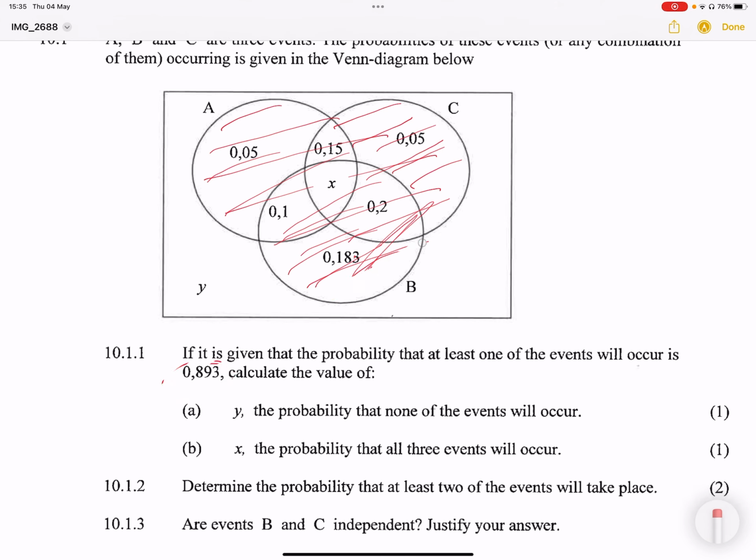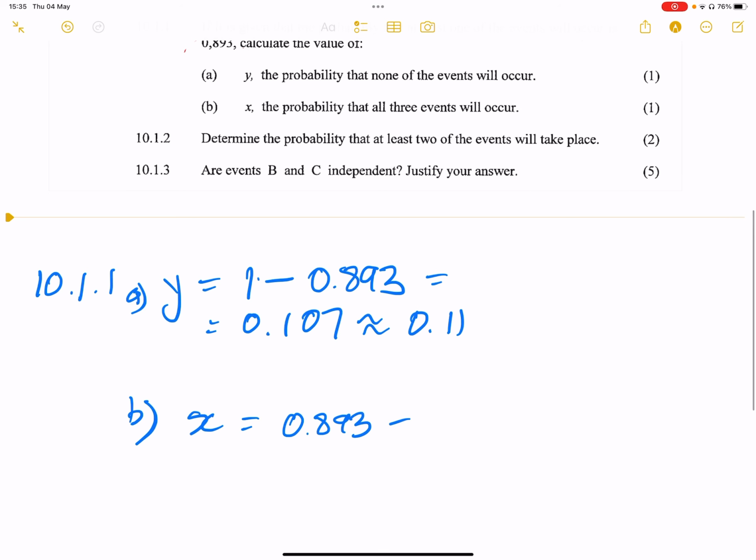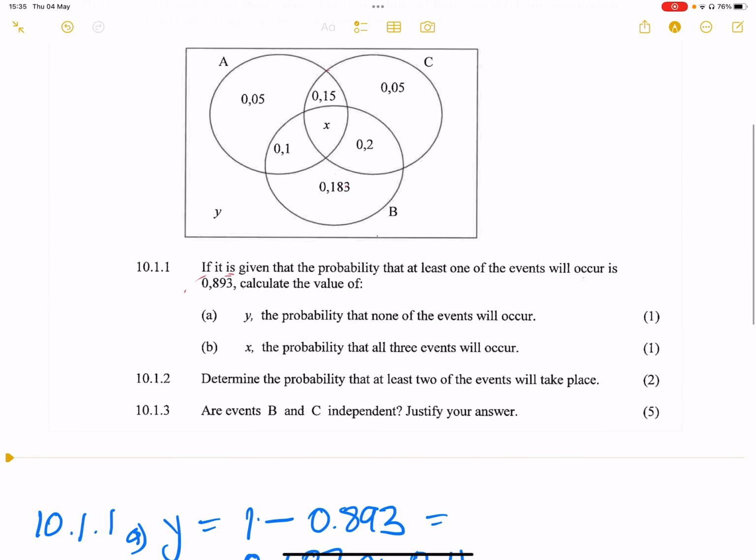I just wanted to illustrate that to you. I hope that makes sense. So now let's say X is going to be 0.893 minus, now let's add everything up.